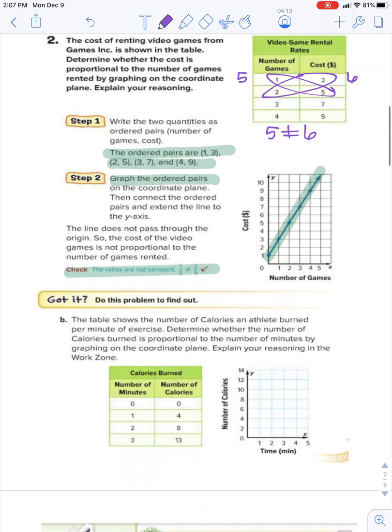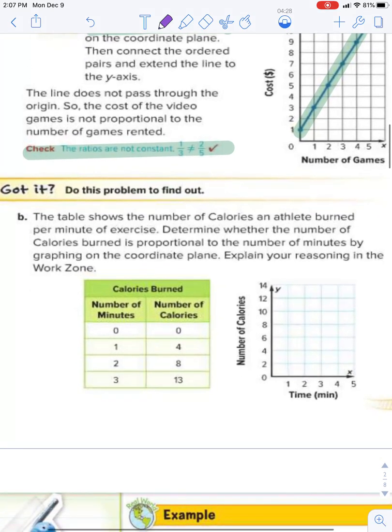So let's take a look at this problem, letter B. The table shows the number of calories an athlete burns per minute of exercise. Determine whether the number of calories burned is proportional to the number of minutes by graphing on the coordinate plane. Those number of minutes and number of calories, we are going to make ordered pairs.